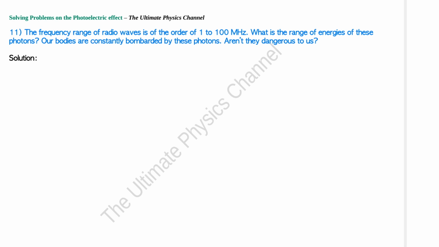The frequency range of radio waves is of the order of 1 to 100 megahertz. What is the range of energies of these photons? Our bodies are constantly bombarded by these photons. Aren't they dangerous to us? That's the question. Radio waves are everywhere now. We are using radio waves for transmission of information through electromagnetic signals, for transmission of radio signals, and for mobile phones.